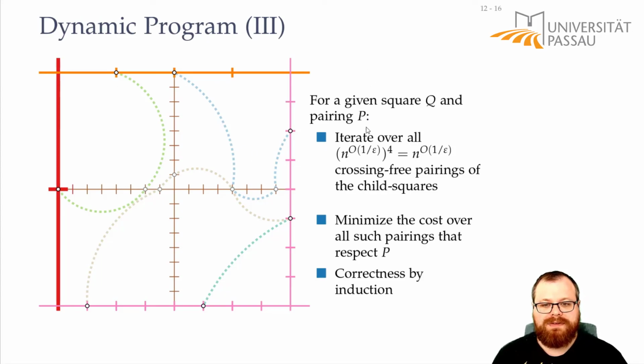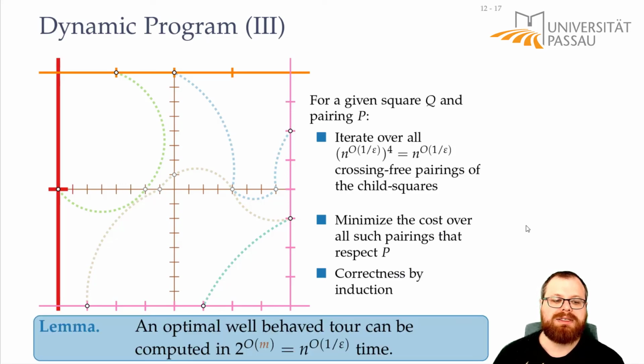Well, we have looked at all the possibilities that things can be combined, so of course the minimum has to be in there. And then that way you can quickly show that for the next square you also get the minimum, provided that you had the minimum before, and then you get the correctness. And this gives us the lemma. We can find the optimal well-behaved tour in n to the order of 1 over epsilon time.